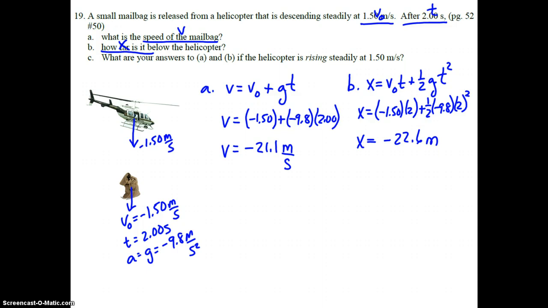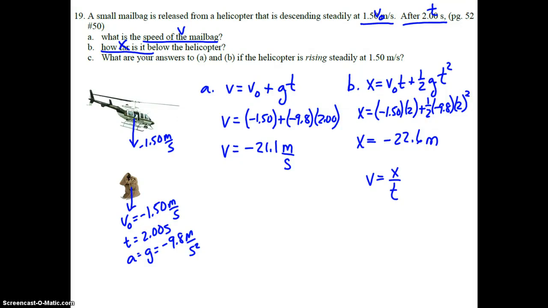So we need to take that into consideration as well. So the next piece is to find out how far the helicopter has descended while the bag has been falling. The helicopter is not accelerating downward due to gravity, it's just descending at a constant speed of 1.50 meters per second. So in this case, since it's not accelerating, v equals x over t.